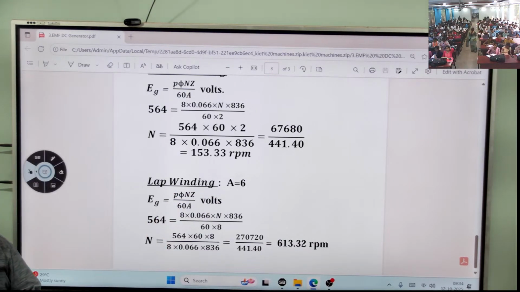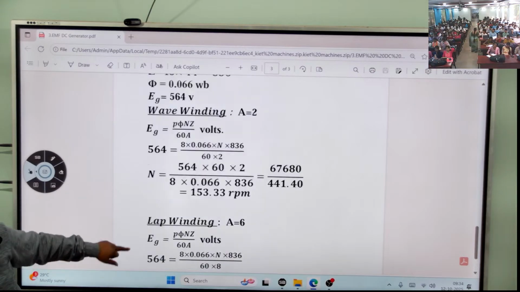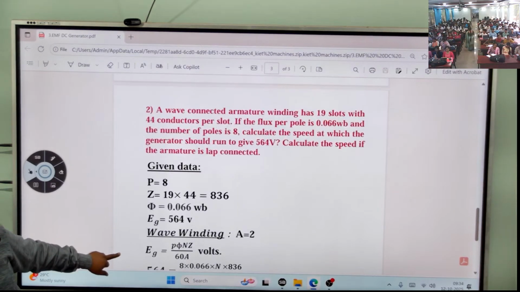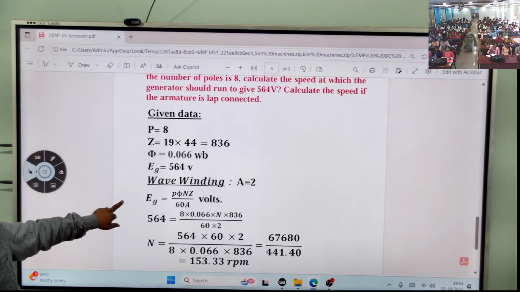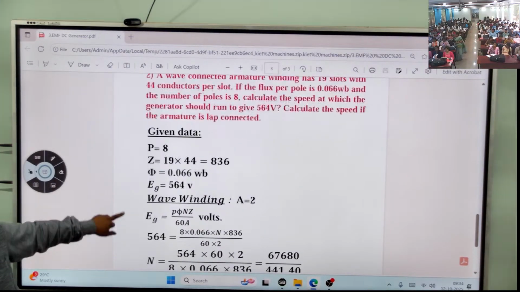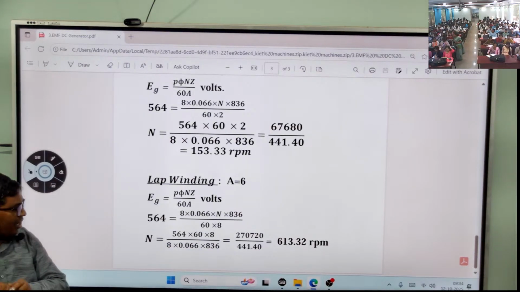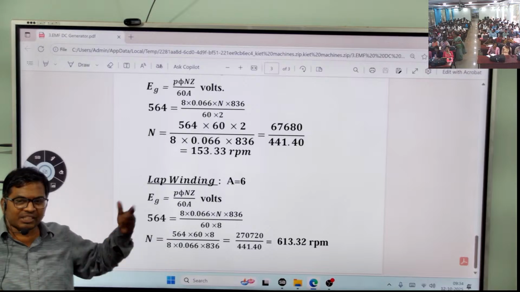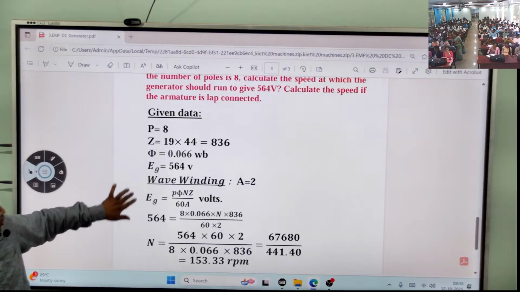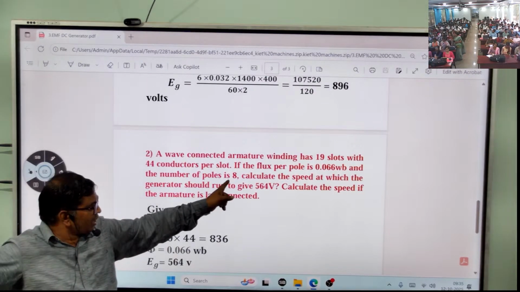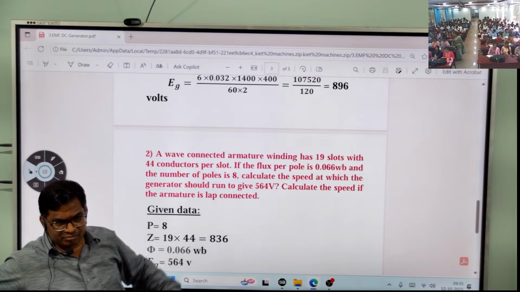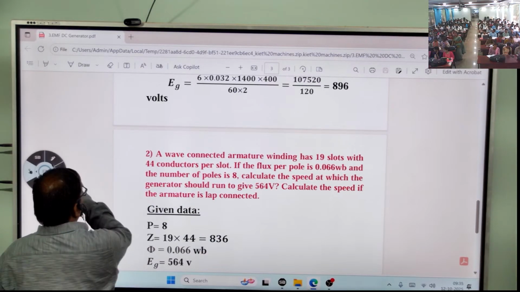A is equal to 6 only, not 8. So you have made a mistake. A is equal to 6. Otherwise make the change in the question: P is equal to 6, write down here P is equal to 6.